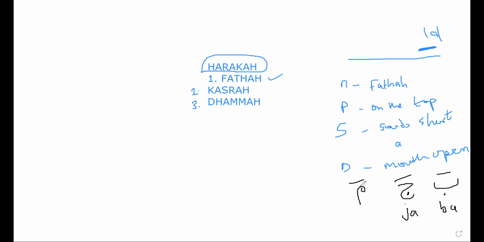Meem plus Fathah becomes ma. That's ma. That's what I want to hear. Ma. Okay. If I write this one and I put Fathah, what do we say? Wa. Wa on its own is Wu, plus A becomes Wa.